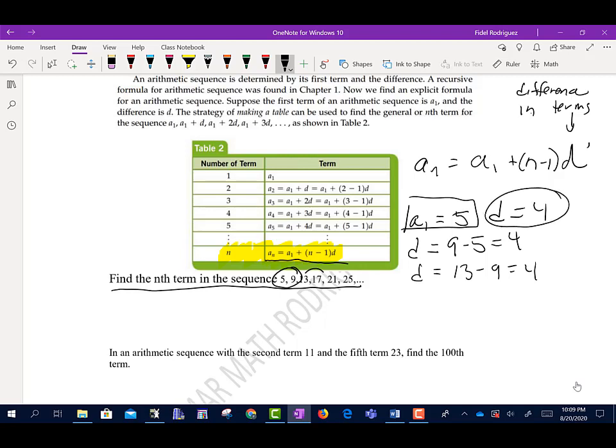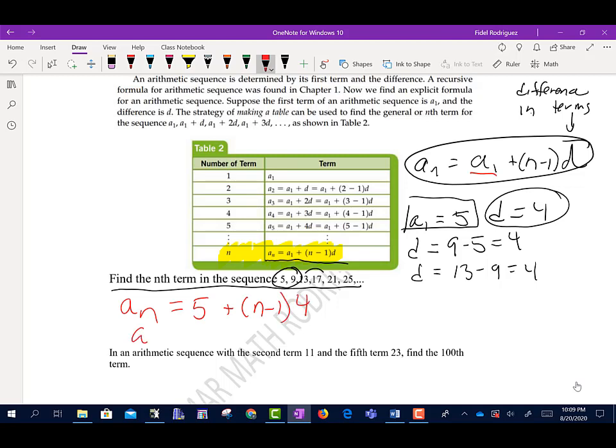So now I'm going to use this formula right here to write out a formula for the nth term. I'm going to say a_n equals a_1, which we found to be 5, plus n minus 1 times d, which we found to be 4. I'm going to leave this 5 alone and distribute my 4.